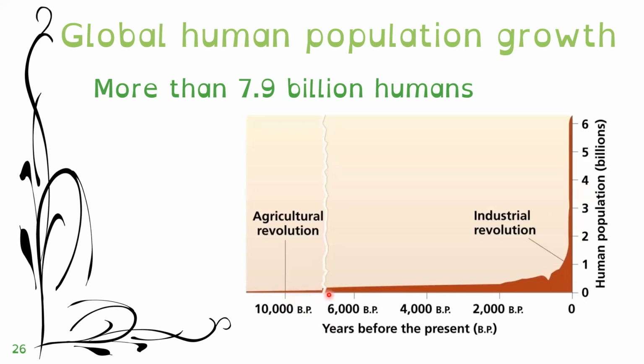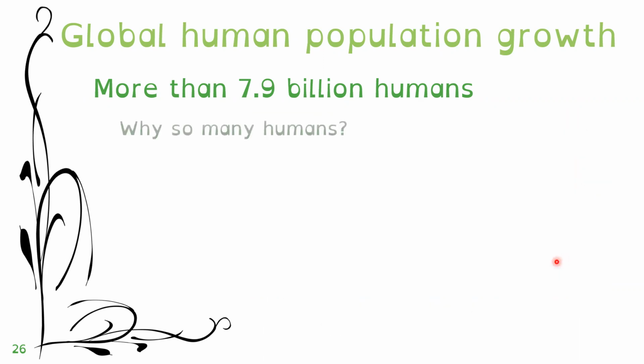And then over time, it got more and more stable. And then very recently, we had the Industrial Revolution and our population has skyrocketed. And now we have billions of people, whereas for thousands of years, we had less than a billion people. We had millions of people. And now we're just rapidly skyrocketing.